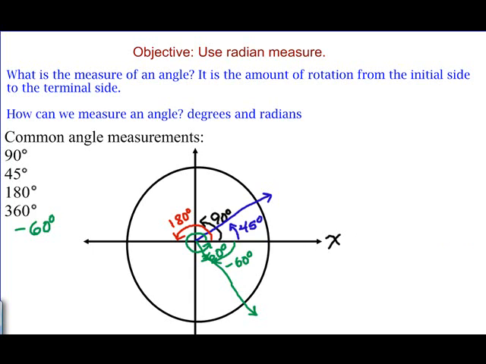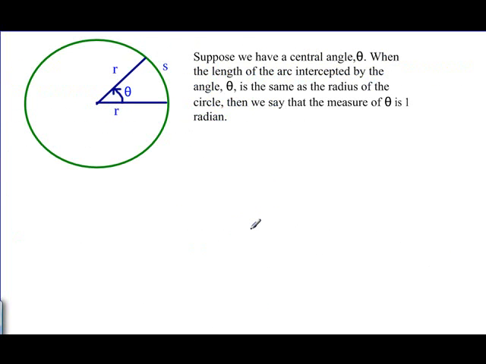Now let's talk about another way to measure angles, and that is radians. So to talk about radians, we have to talk about a central angle, and this is a symbol for theta. So we have a central angle theta, which basically means that the vertex of the angle is at the center of a circle. The length of the arc is this distance right here.